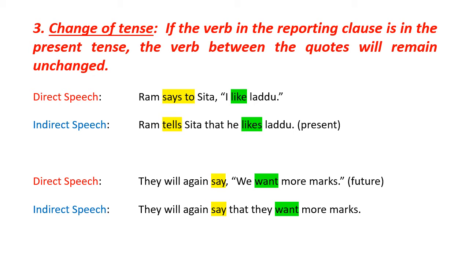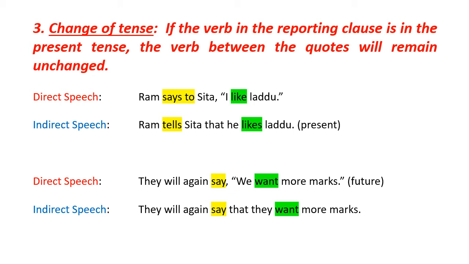The simple present tense is also in indirect speech. You can see that Ram tells Sita that he likes laddu. By adding s or es, we can easily identify that the given sentence is in simple present tense. We'll see the next example.